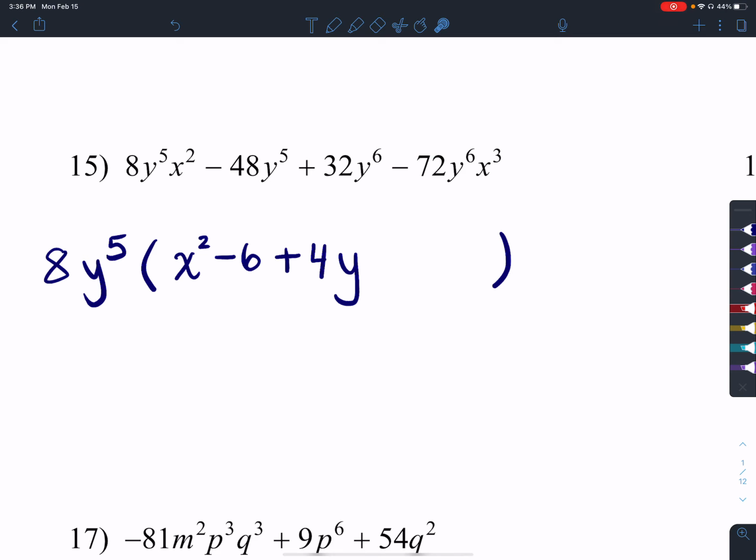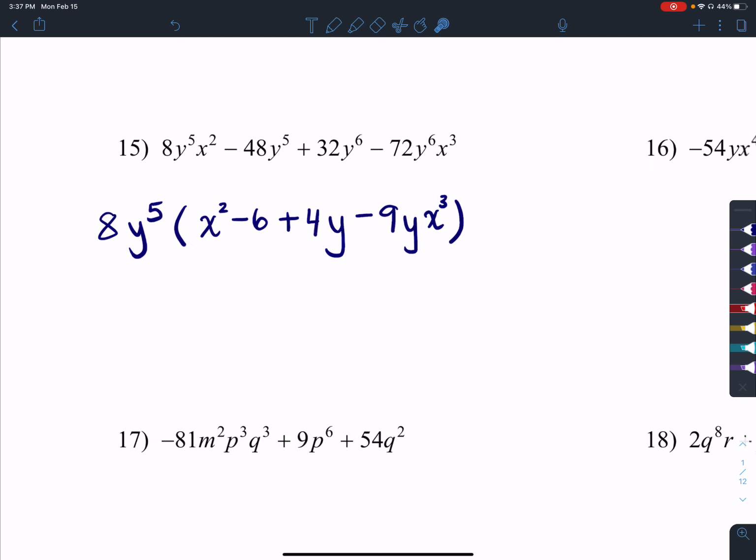Negative 72 divided by 8, negative 9. y to the 6 divided by y to the 5, just y, and then don't forget the x cubed. That just gets carried down since there was no x's that were dividing it. So this is how it would get written.